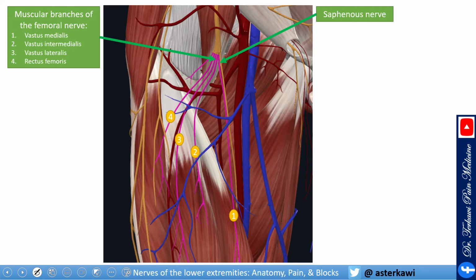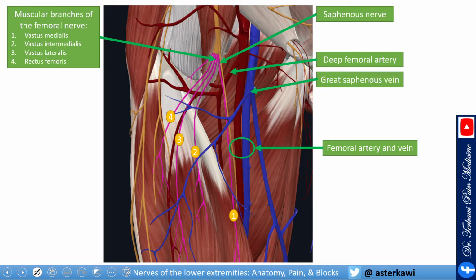These muscular branches, as you see, 1, 2, 3: 1 is vastus medialis, 2 vastus intermedius, 3 vastus lateralis, and 4 rectus femoris. They are very important, especially when we start talking about knee innervation. And of course, this is the deep femoral artery and the femoral artery and vein.